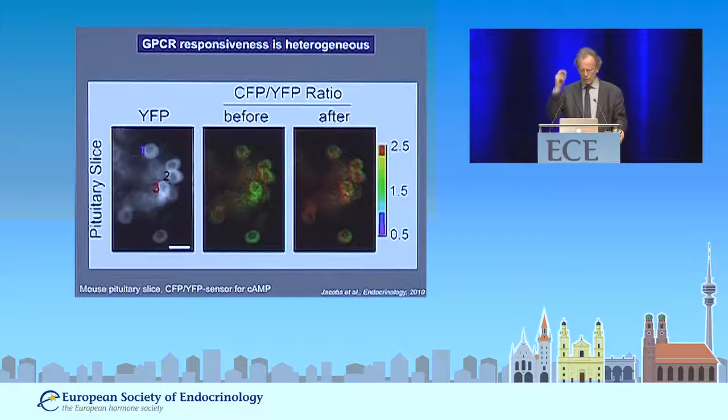An example that we studied with Stefan Schulz in the lab already some years ago shows this for the pituitary, where we have a number of cells that contain a cyclic AMP indicator, so we can find out to which ligands they respond.